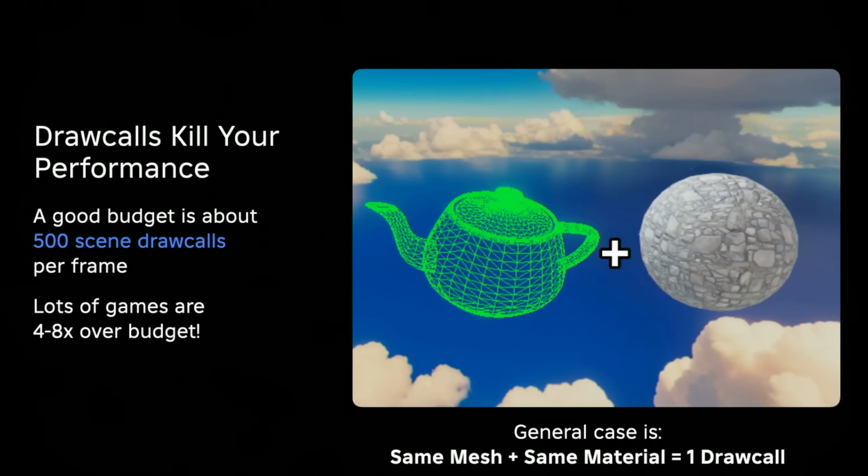Because draw calls are a command that gets sent from the engine to the rendering pipeline on the device that say, draw something. So every draw call is a combination of, this is massively oversimplifying, so any rendering engineers here, please forgive me, but each draw call command is a combination of a mesh and a material. So in this case, we have a teapot, which is our mesh, and then the material that goes with it.